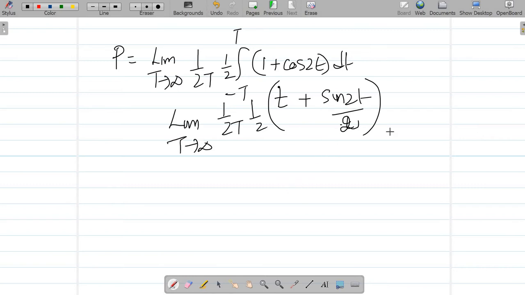So if I try to substitute, this will anyway become 0. So this will be 2t divided by 2t into 1 by 2. So this will become half. So it is a power signal.